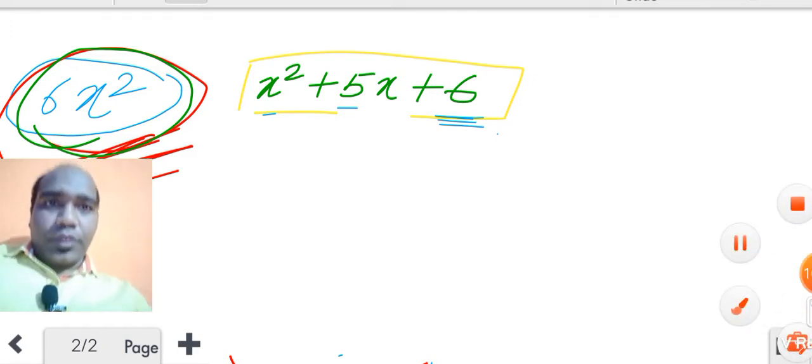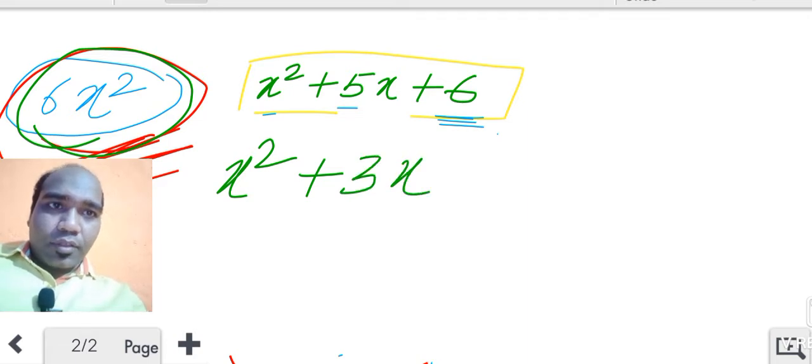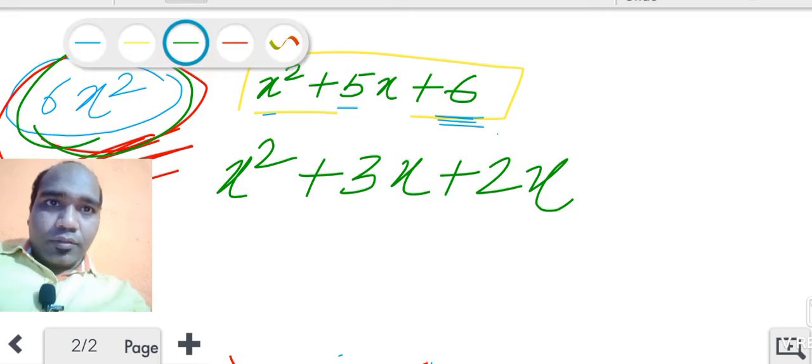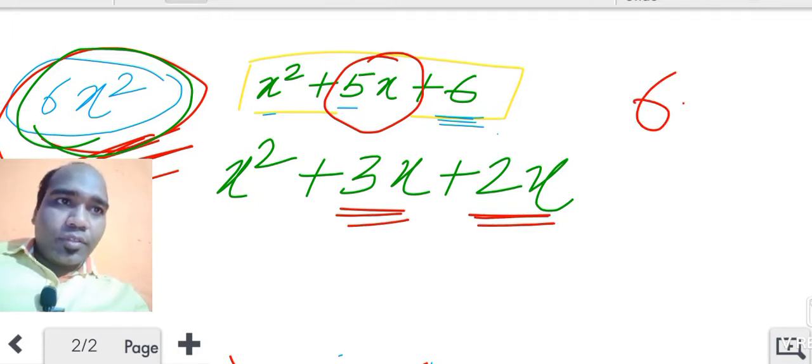So now we can write this as x square, and 5x we can write in what form? 3x plus 2x. Why? Because 3x plus 2x will give 5x, and 3x into 2x will give 6x square, the product of this 6 and x square.